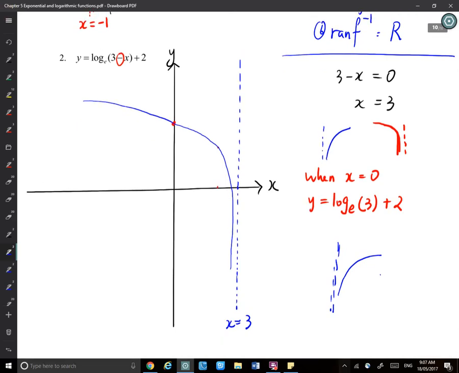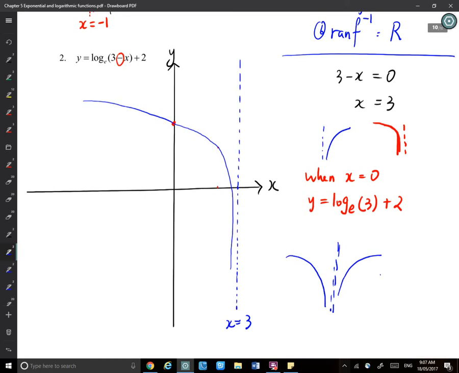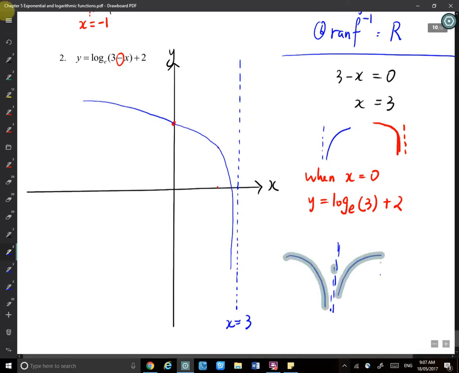And you will get reflected by the y-axis. It will be in this way. You will have that. Okay, you have log e. Okay, so when y equals 0.